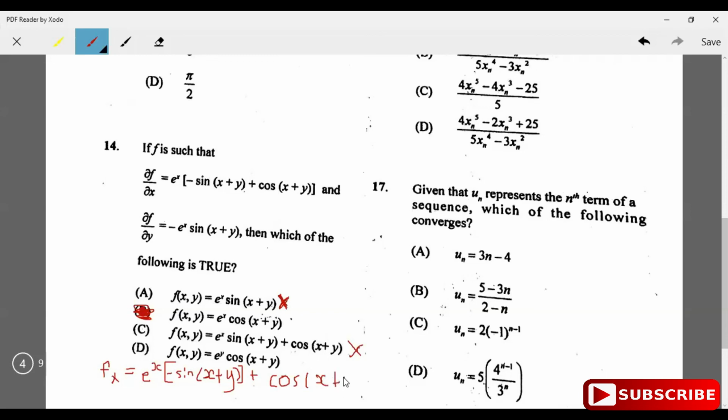We differentiate e to the x, we just get back e to the x. From this answer, all we have to do is factor out e to the x, and we see that option B is indeed true. So that's the easy way to do it.